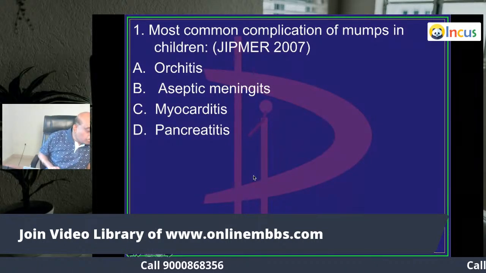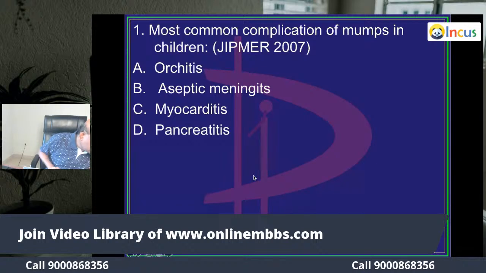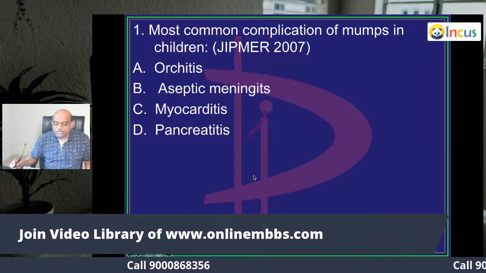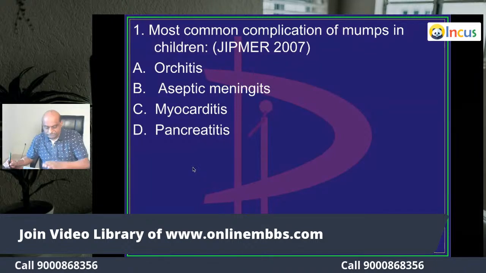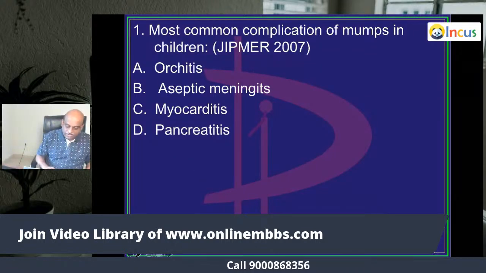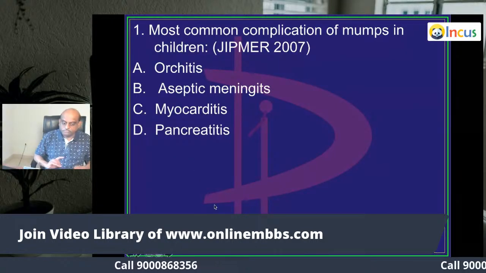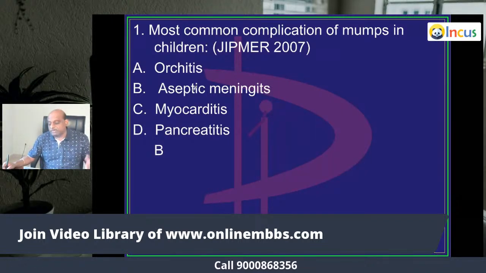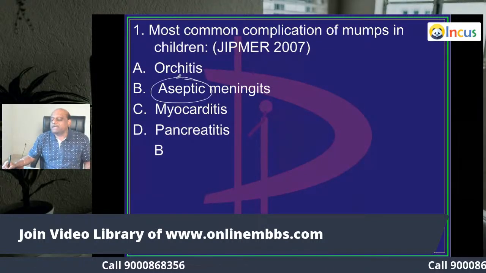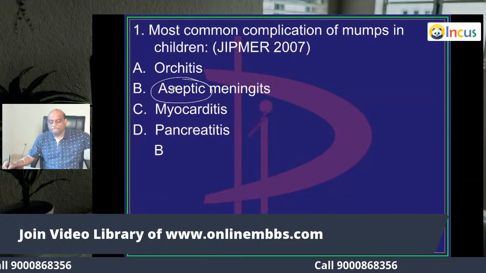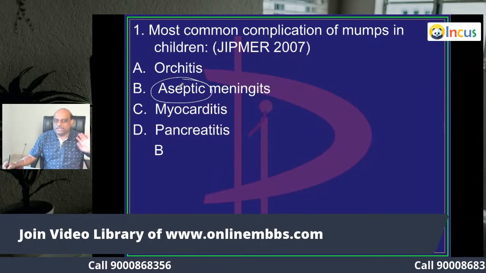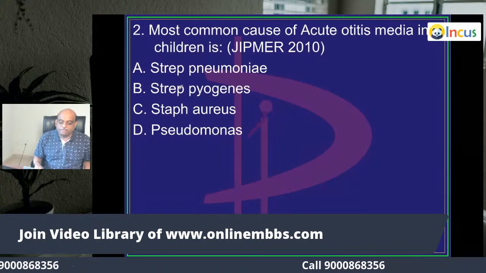The most common complication of the mumps in children is aseptic meningitis. It is not orchitis. Orchitis is the most common mistake done by the students.